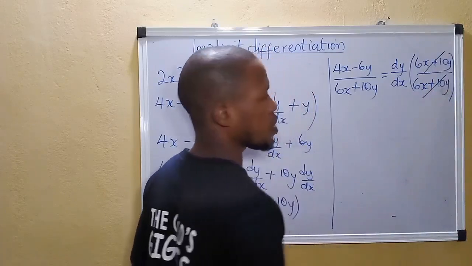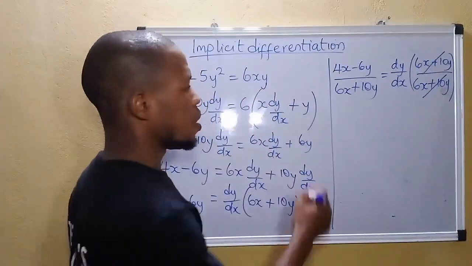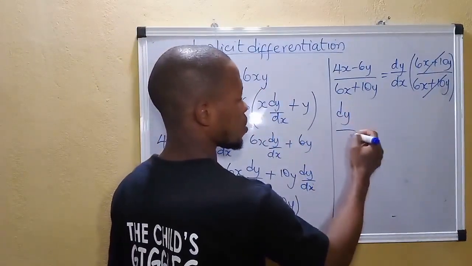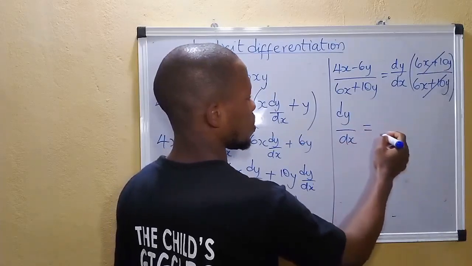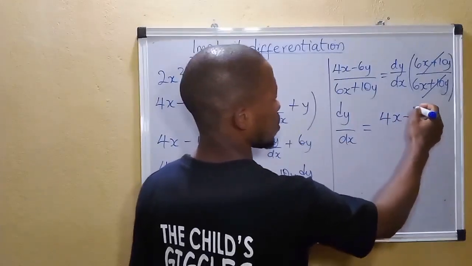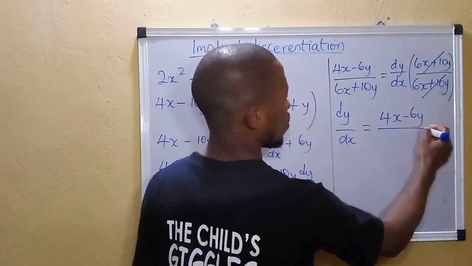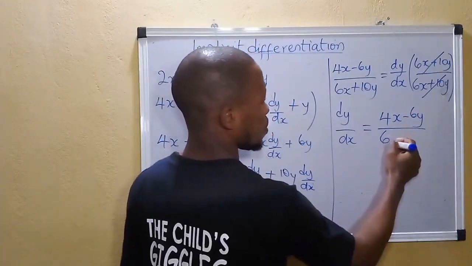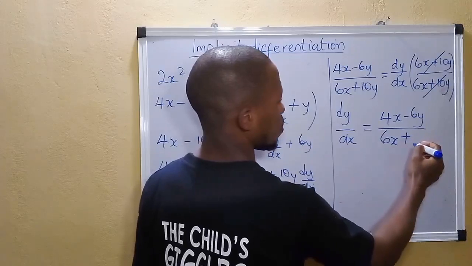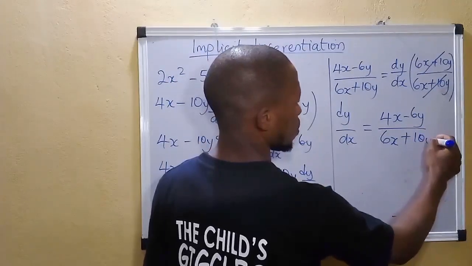Now here 6x plus 10y will cancel 6x plus 10y, leaving us with dy dx is equal to 4x minus 6y all over 6x plus 10y.